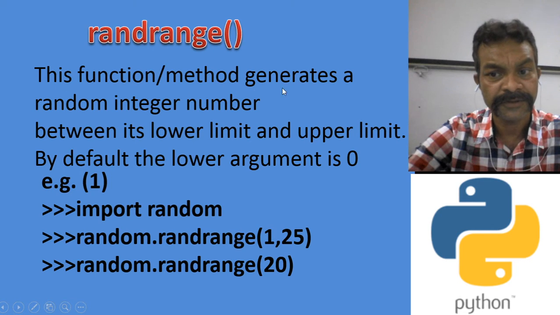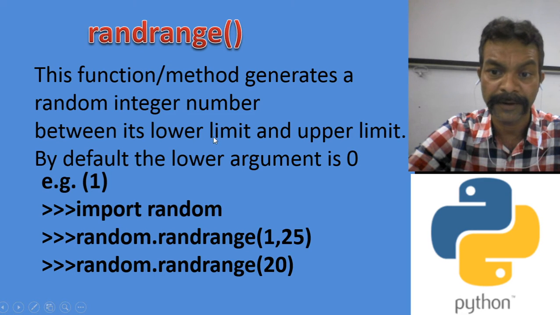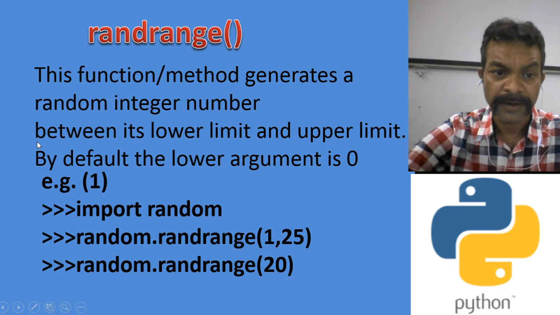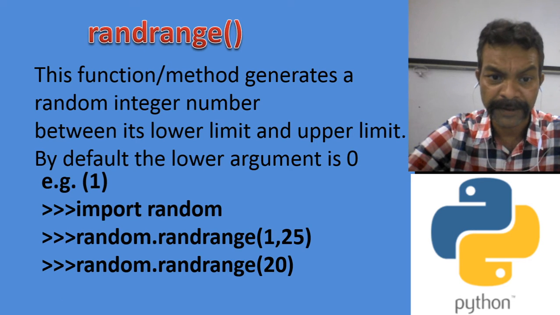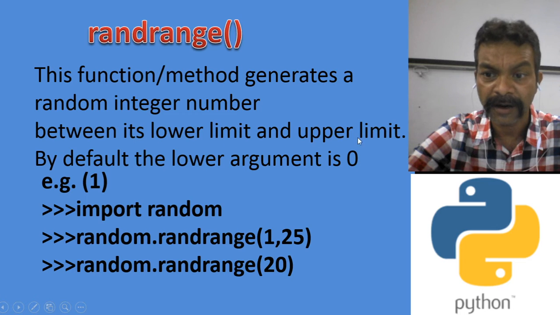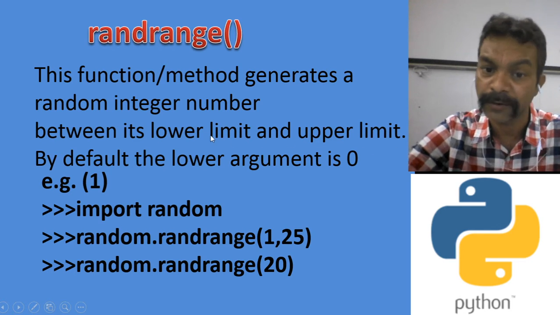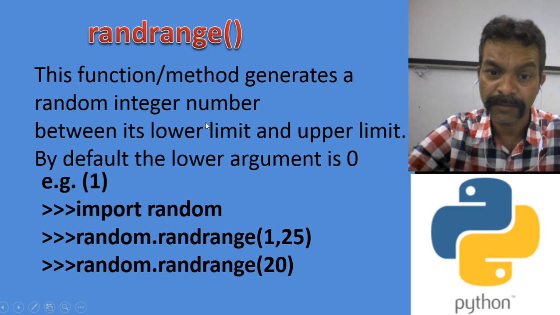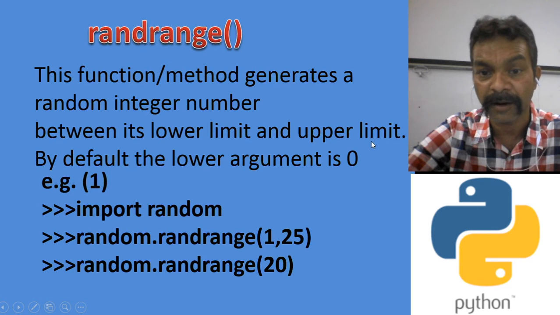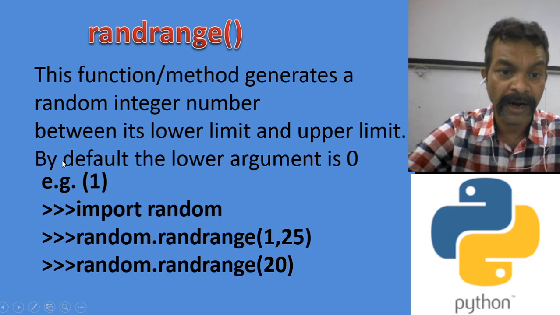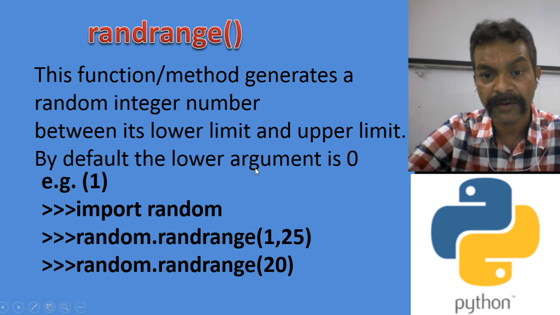This function generates a random integer number between its lower limit and upper limit. Carefully see this line: between its lower limit and upper limit. It means the upper limit is not included here. By default the lower limit is 0.